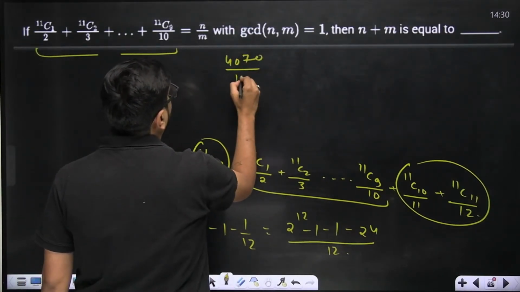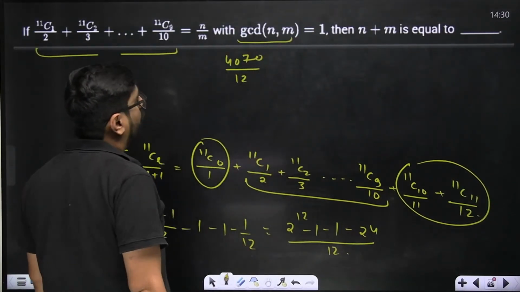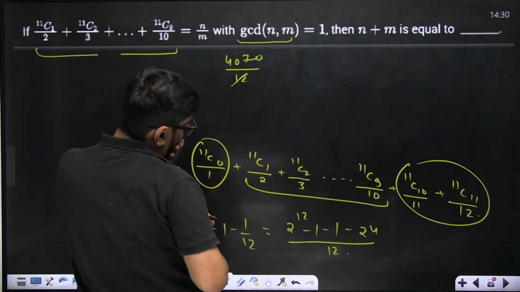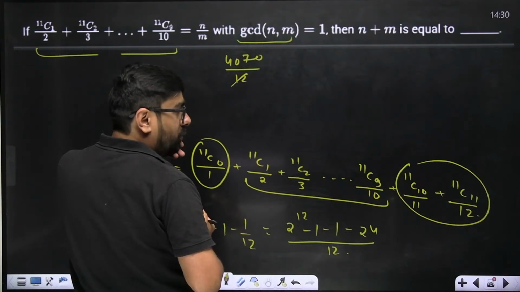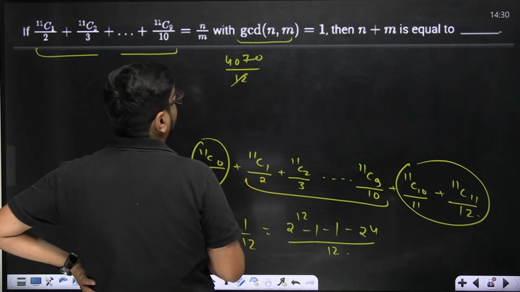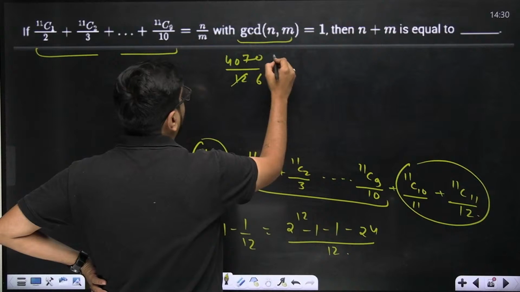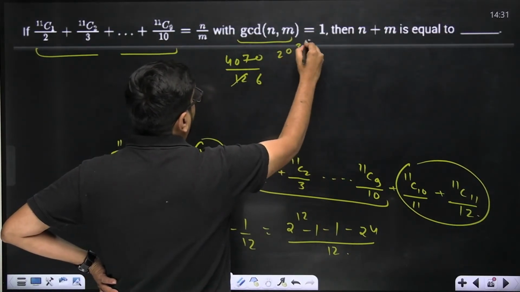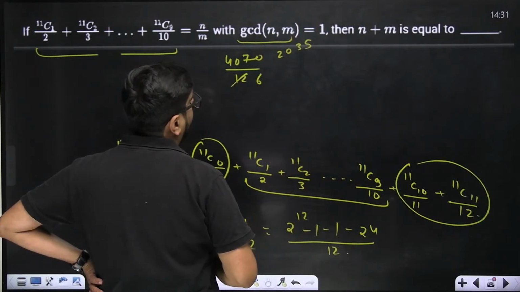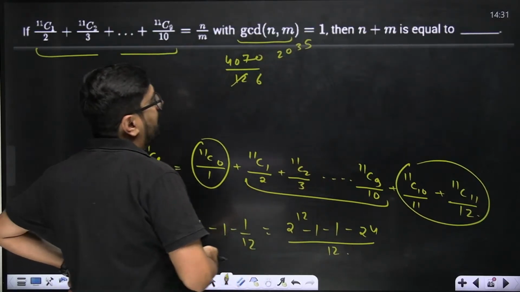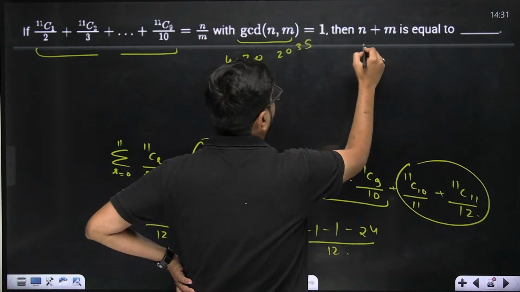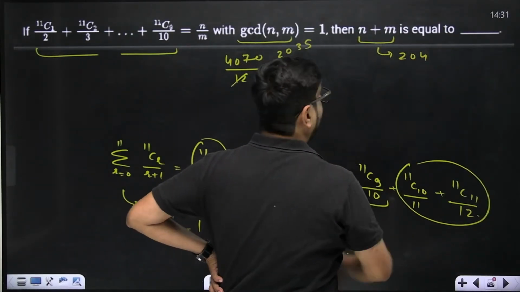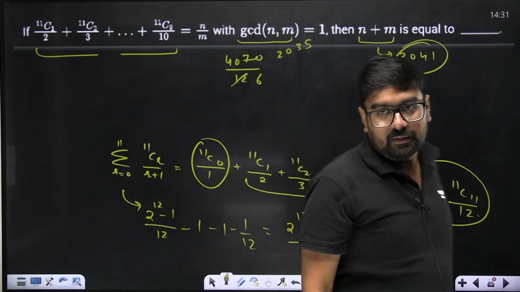And both should be co-prime, so we'll have to cancel. 2 to the power 12 is 2048, minus 26 gives 4070 by 12, which reduces to 2035 by 6. So I think these two are co-prime, then 2035 plus 6, n plus m, will be 2041. Then 2041 should be the answer.